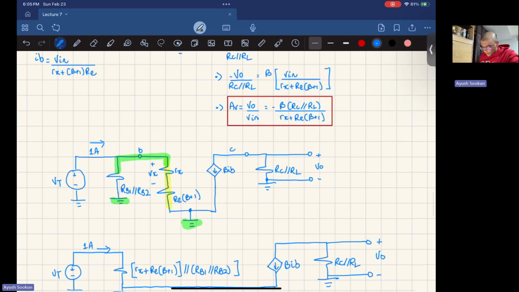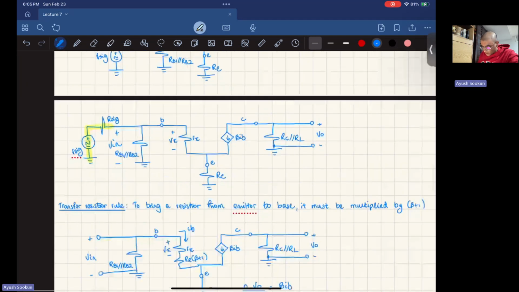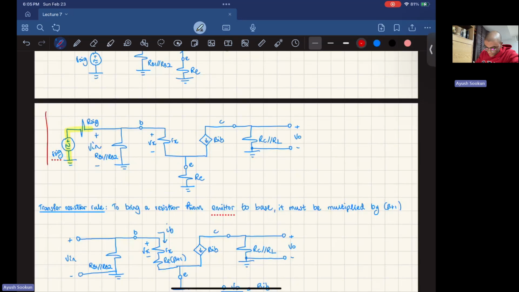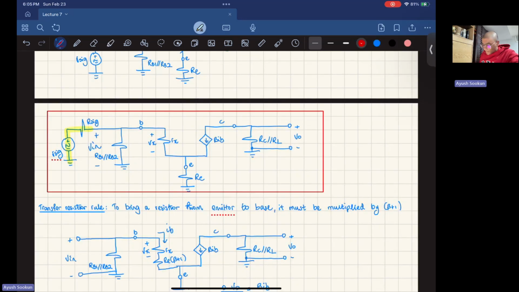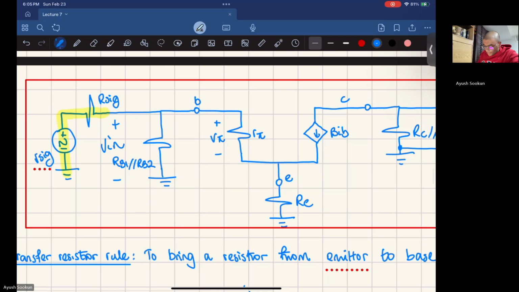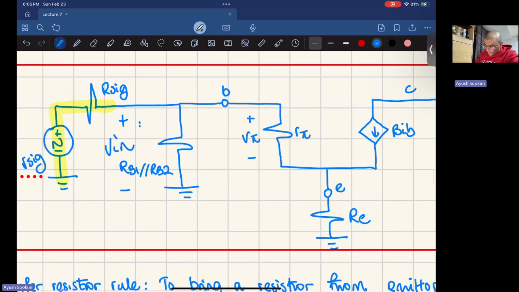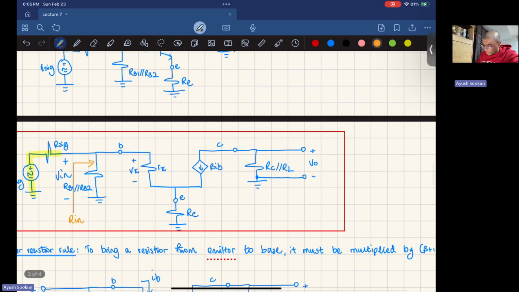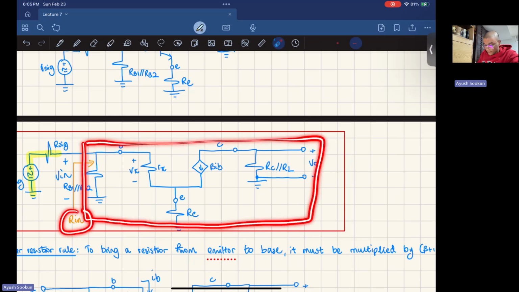So if I look at this circuit right now, when V sig was still involved, remember that this V input right here, I'm just going to do it in orange, we had our input resistance there, right? We found the corresponding input resistance of this circuit. We know that we can replace all of this by the Rin value that we found.